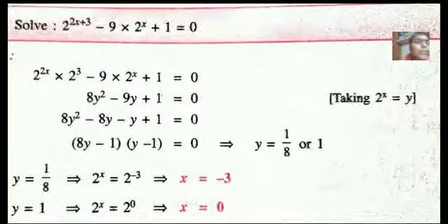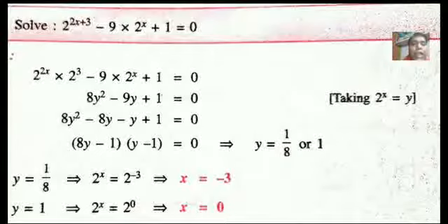Now if you take 2 to the power x is equal to y, what does the first part become? 8y square, because 2 to the power x whole square is y square. The second part will be 9y, because 2 to the power x is equal to y, plus 1 is equal to 0.